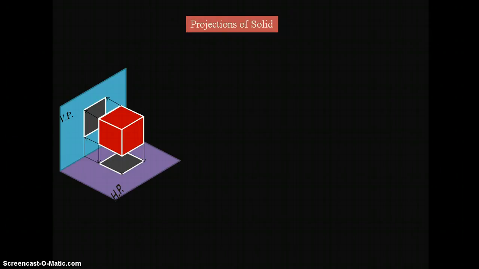To get the final front view and top view, we need to rotate the horizontal plane to the vertical plane, then we get the projections of the cube in this condition. Before that, I want to give names A B C D. E F G H will be at the back side, so we cannot see them in this condition. A B C D E F G H is the required cube here.